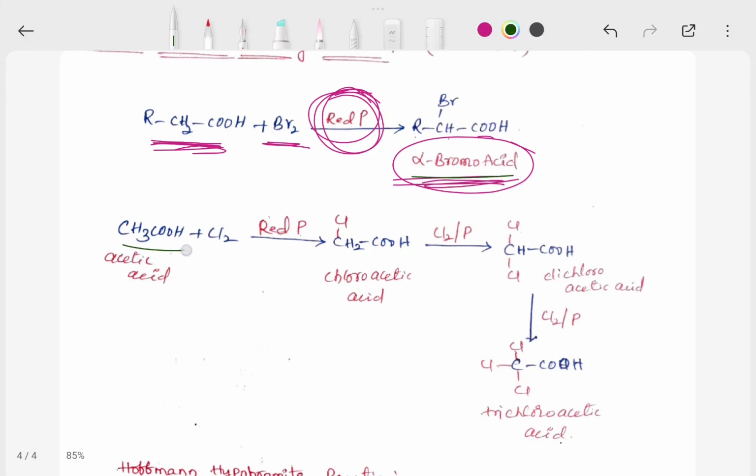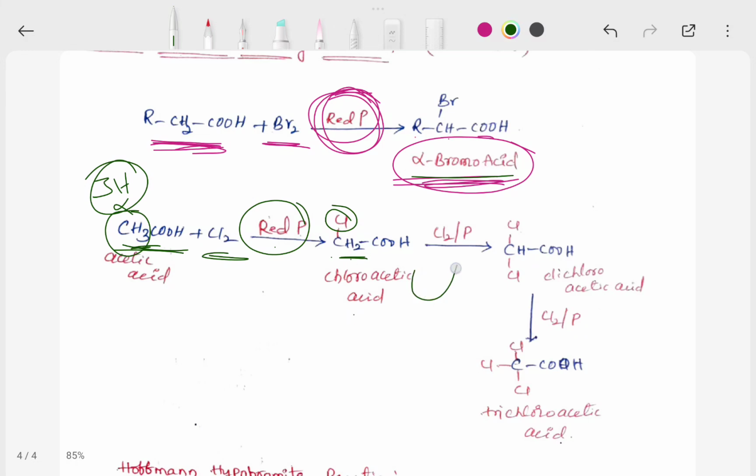For example, I am taking CH3COOH. This carbon is the alpha carbon, and this alpha carbon has three hydrogens. Remember it. CH3COOH plus Cl2 in the presence of red phosphorus: one alpha hydrogen is replaced with chlorine, giving CH2Cl, and here two hydrogens are present. This chloroacetic acid again reacts with chlorine and forms dichloroacetic acid.